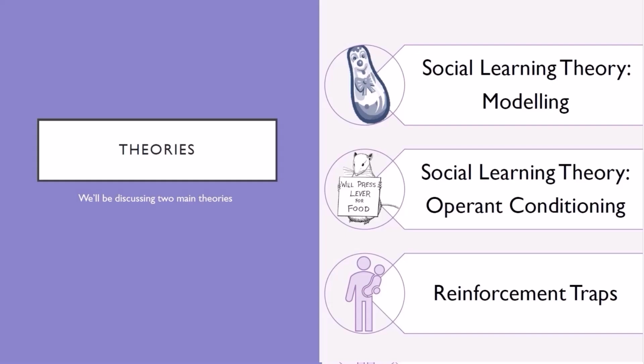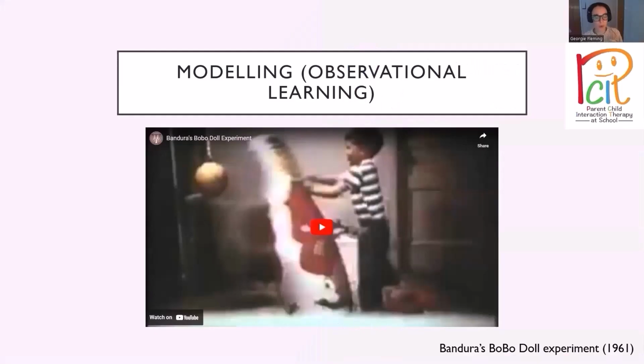So the first thing we'll talk about is this idea of modeling, observational learning, vicarious learning, whatever it is. There's a little YouTube video here, but I think it's probably beyond what we need to watch. I'll just talk through it anyway. It's the idea that all of these things are about learning, and I say that because behavior doesn't come out of nowhere.